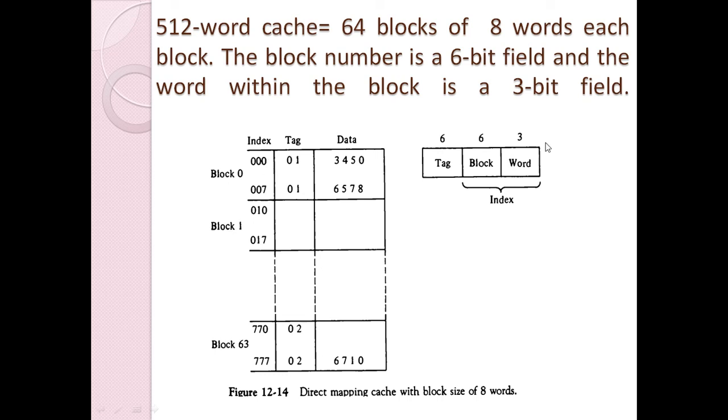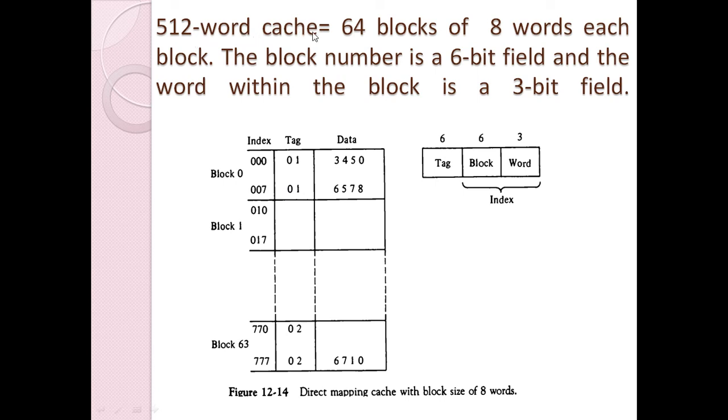So those 3 bits of index are used as the word number, and these 6 bits are used as the block number. So this is a complete block of 8 words. Whenever we want to transfer data, we will transfer this 8 word block itself.